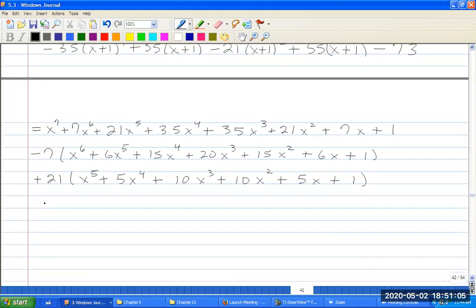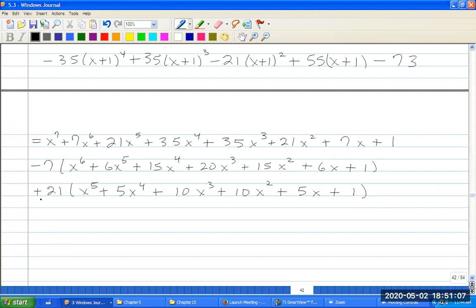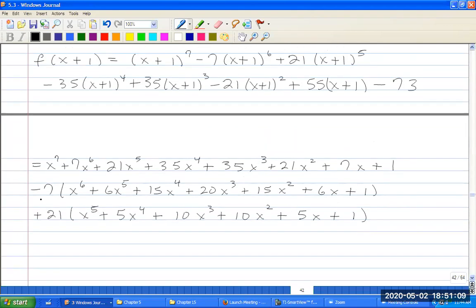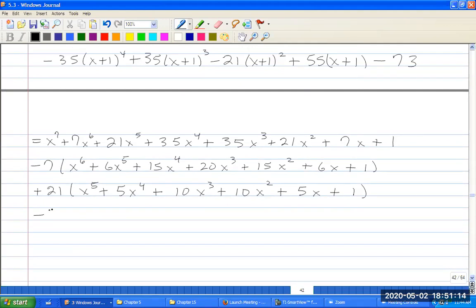Okay, that's a 21. Minus 35 x to the 4, plus 4 x cubed, plus 6 x squared, plus 4x plus 1.